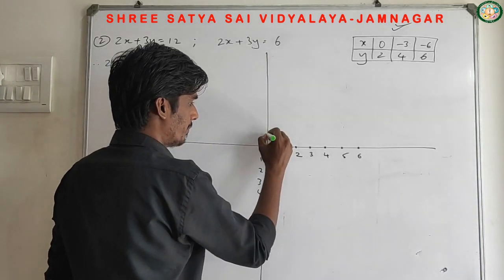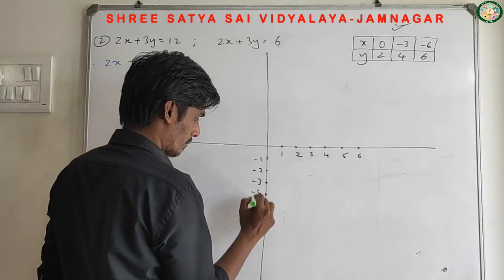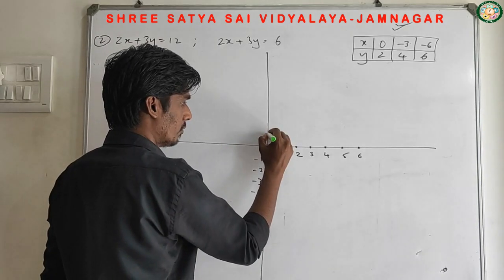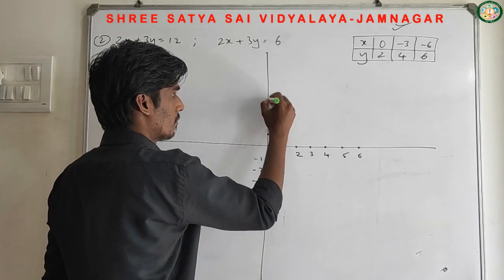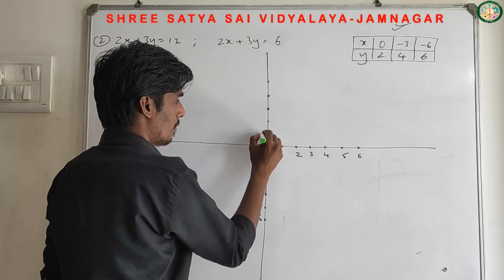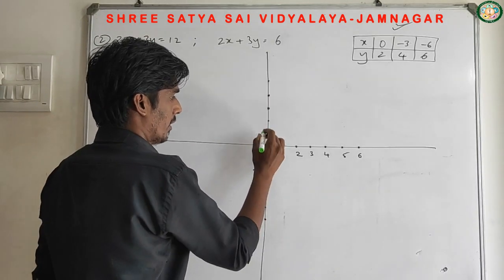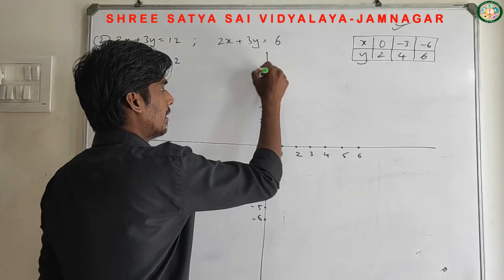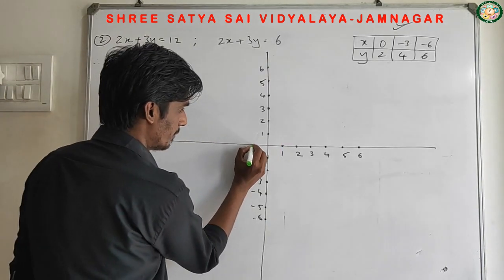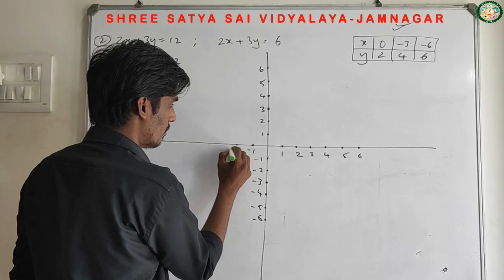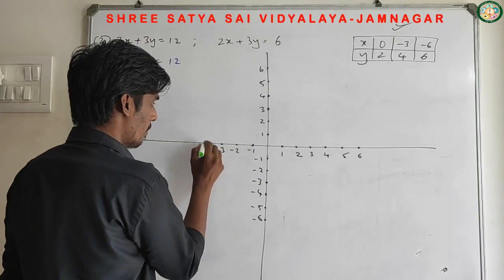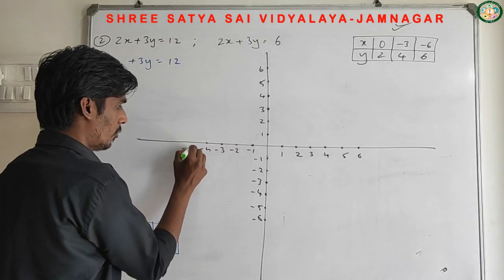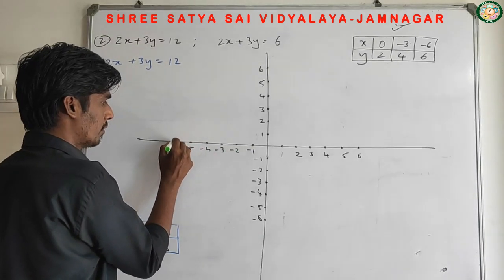Here positive, here negative, here positive. Now here minus 1, minus 2, minus 3, minus 4, minus 5, minus 6.